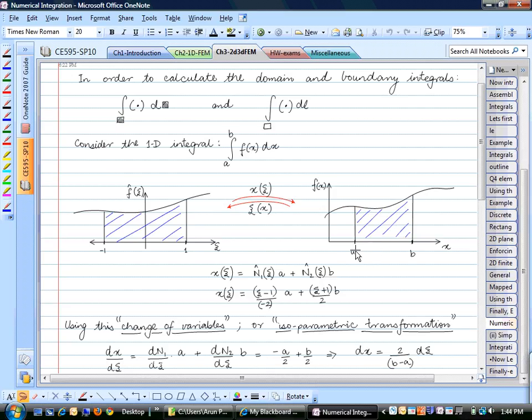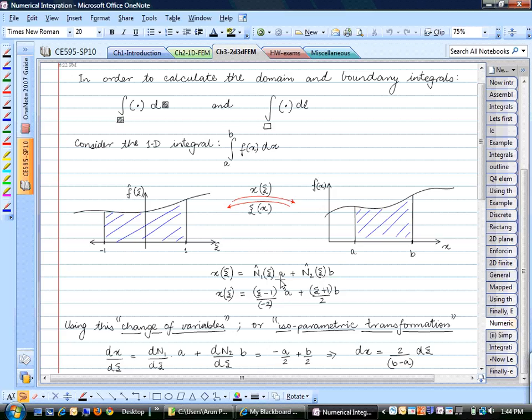Think of this as our actual element in the mesh, and this as our parent domain. This parent domain goes from -1 to +1, and the actual element could be anything, could go from a to b. So we are going to use this isoparametric map, which uses the shape functions from 1 dimension.